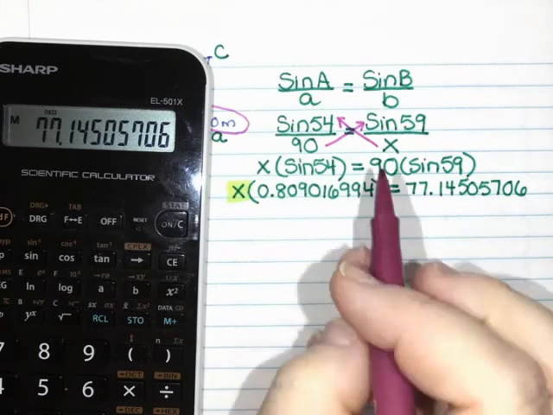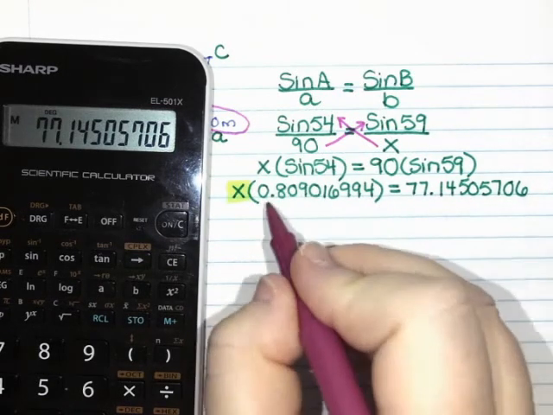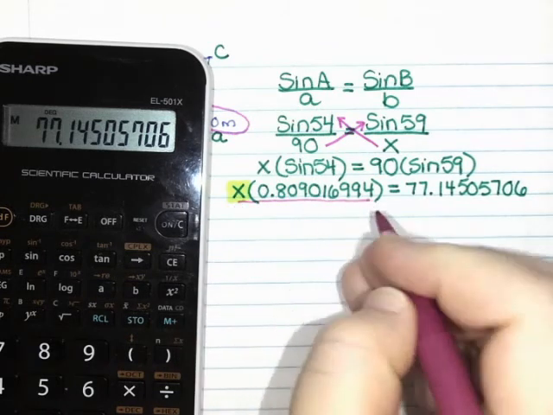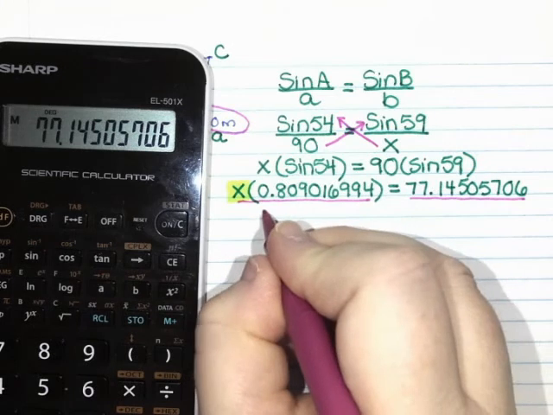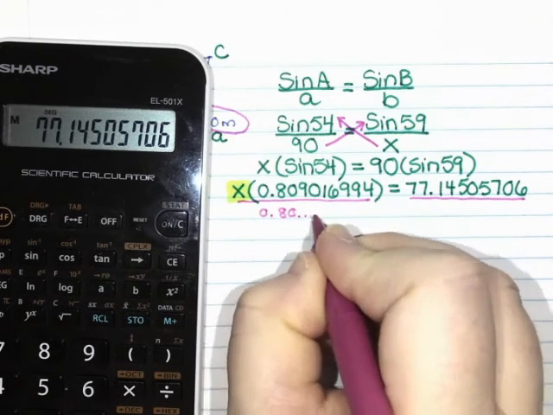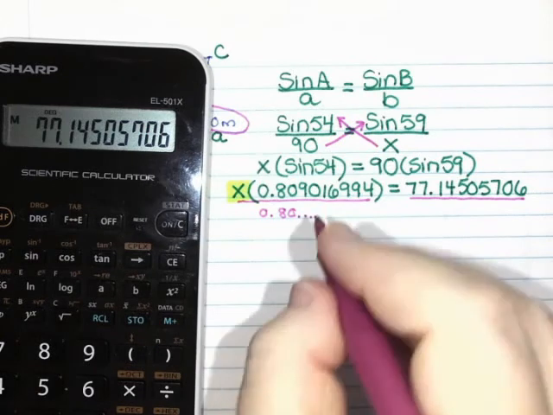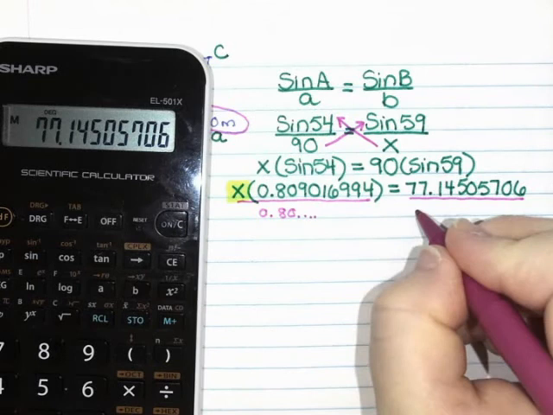Okay, we are trying to solve for x. So I want to get rid of this decimal that we are multiplying by, and I'm going to do that by dividing. Now, sometimes I get lazy, and I don't write the whole thing down. I'll just write 0.80... I always put the ... to show that it does keep going, but I am going to write the full one out on this side.